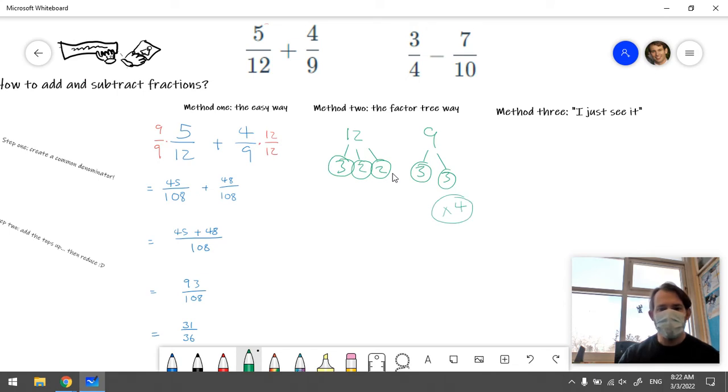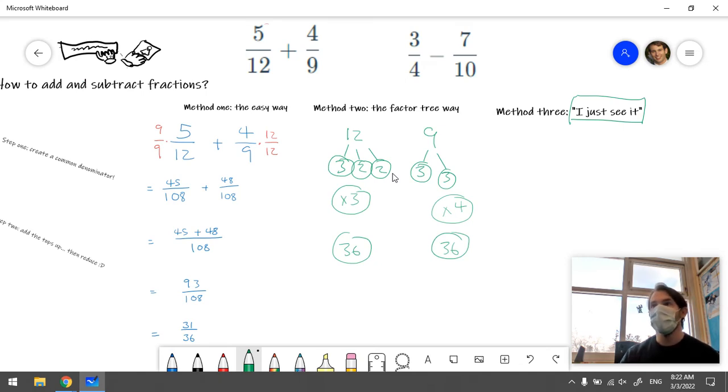And I'm going to need to multiply this one by 3. If I multiply 12 by 3, I will get 36. If I multiply 9 by 4, I will get 36. And all I'm doing is using this method of factor trees to just see what number connects these two.